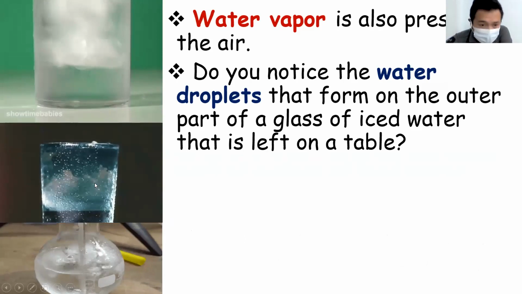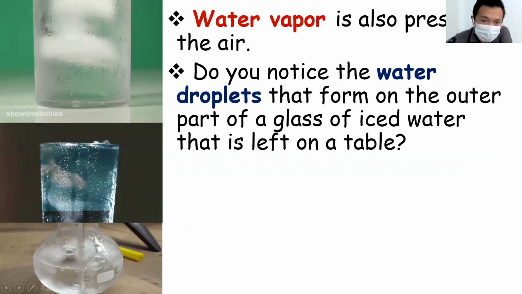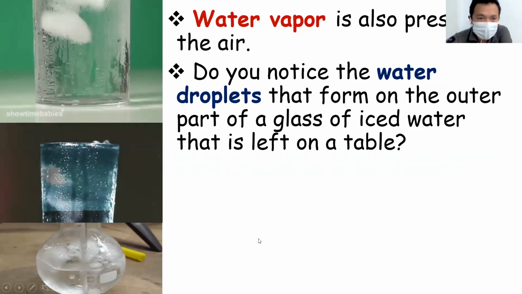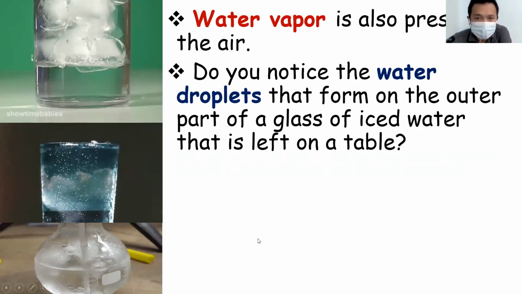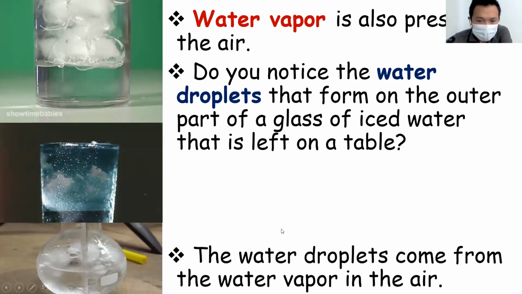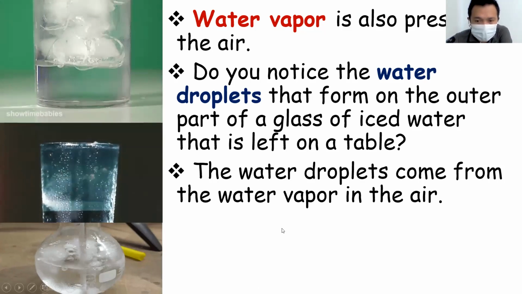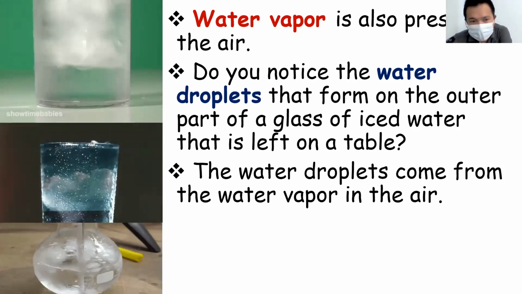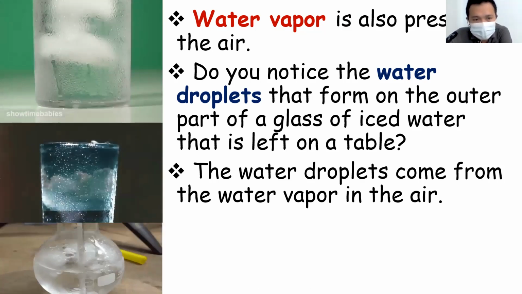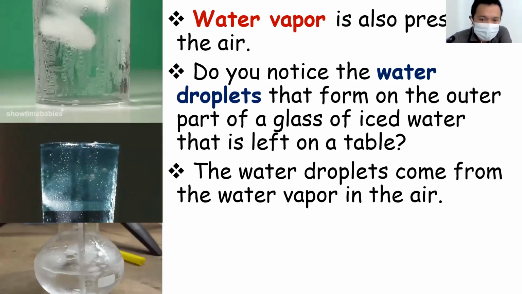You are not putting water outside, but because of the water vapor, it becomes droplets, and that is a form of what? A form of water vapor. The water droplets come from the water vapor in the air. So that means there is air present also in this particular situation.